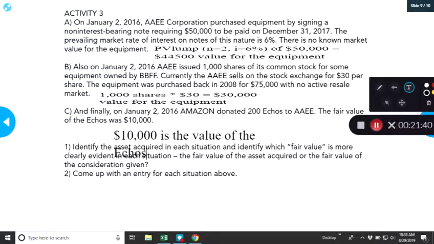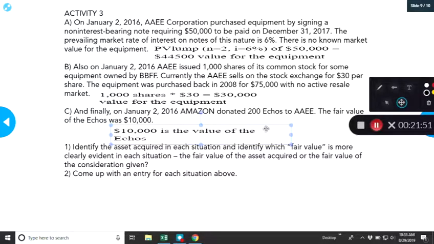The value of those Echoes is given to us. When we look at the entry, the key here is that when someone donates an asset, the other side of the entry is going to be a revenue. So when we get to the next page, we will look at the entries.